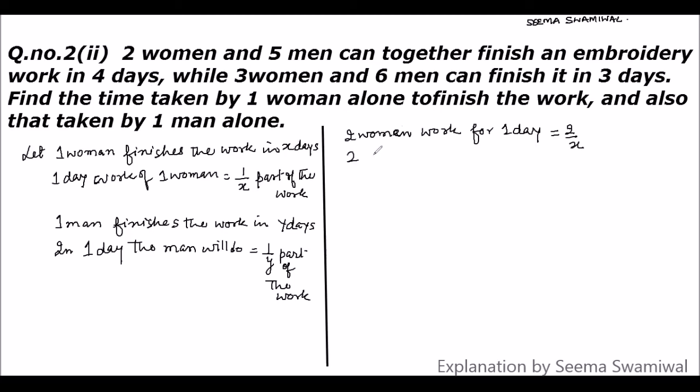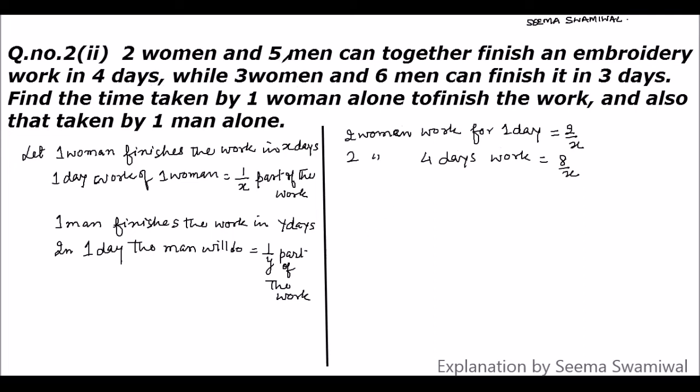So 2 women's 4 days work will be, this is multiplied by 4, 8 by X.